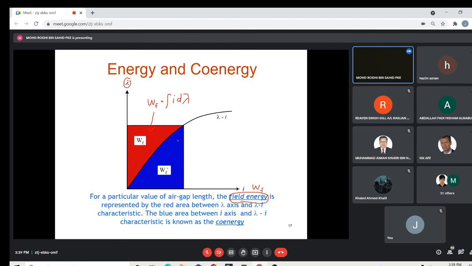But if you look at this area at the bottom, which is the blue area between the I axis and the lambda-I characteristic, we denote this as WF prime. This is known as co-energy, whereby you can find it by integrating lambda with di.